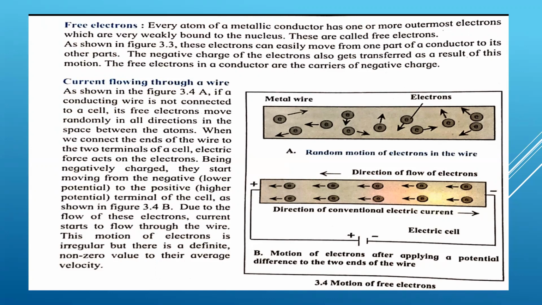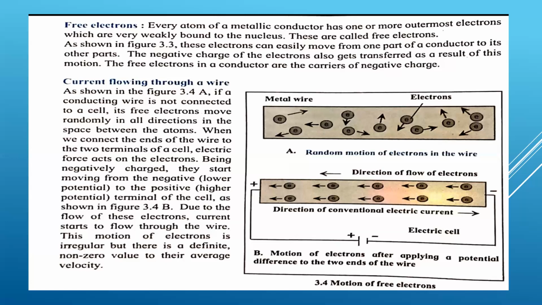I mean to say, children, the number of electrons present in the outermost shell. Sodium has one electron in the outermost shell, magnesium 2 electrons, aluminium 3 electrons. So these are called free electrons, and these electrons are easily moved from one part of a conductor to the other part.